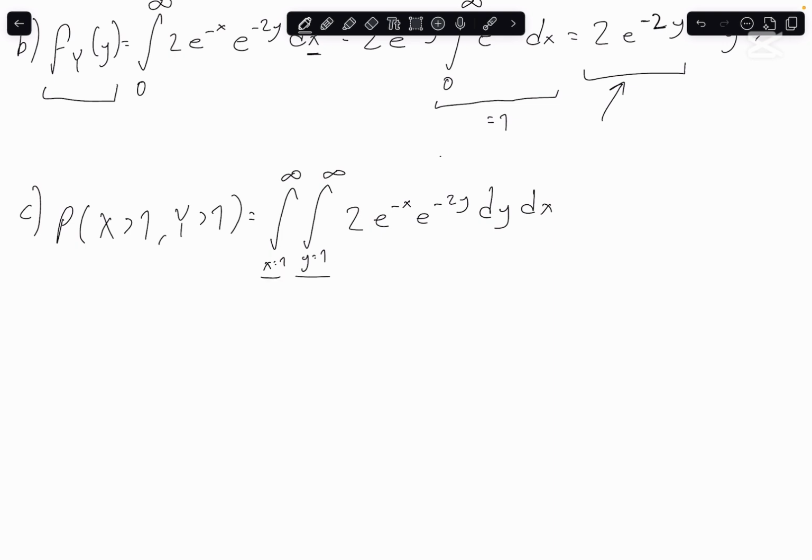Okay, in the second step, we need to integrate with respect to y and keep the x fixed. What I mean is we need to solve this part.